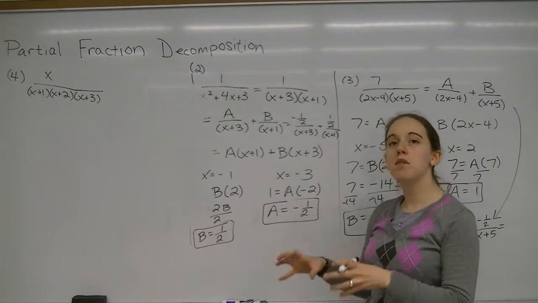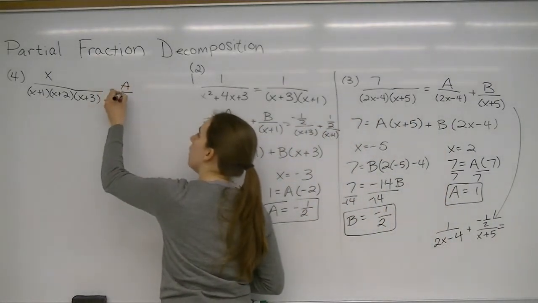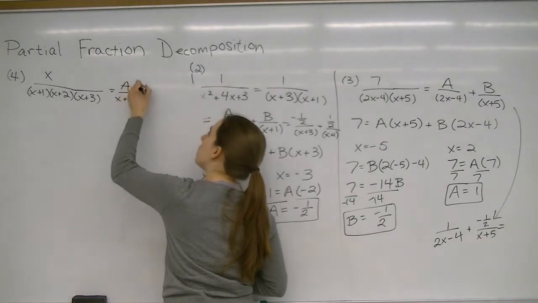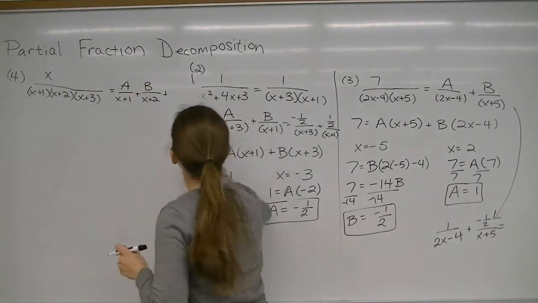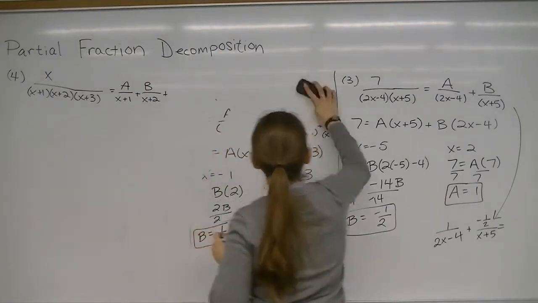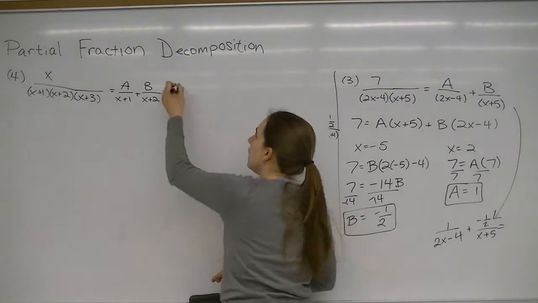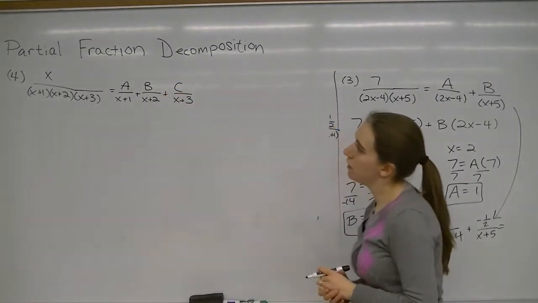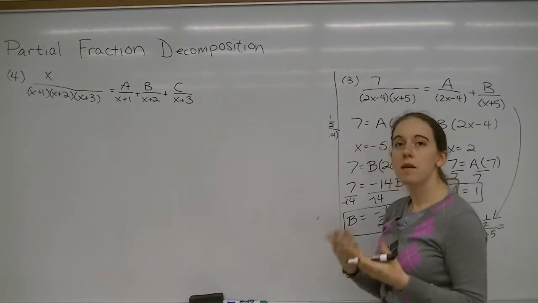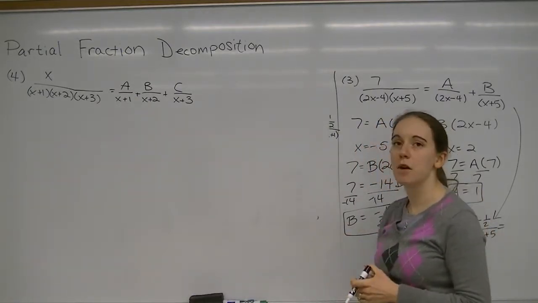So we're going to decompose it into 3 separate pieces. We'll have a over x plus 1 plus b over x plus 2 plus, give ourselves more space, c over x plus 3. That's my proposal. This is what I want to find my a, b, and c for.